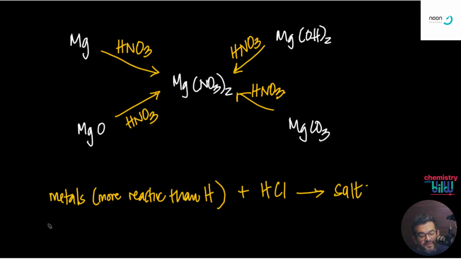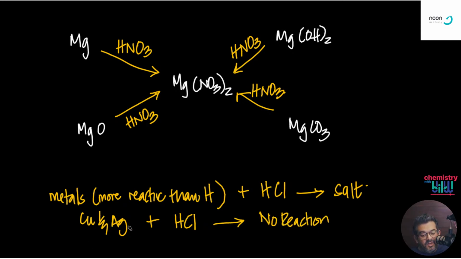So that means copper and silver, when they react with HCl, there is no reaction. And the reason for that is copper and silver are less reactive than hydrogen. All right?